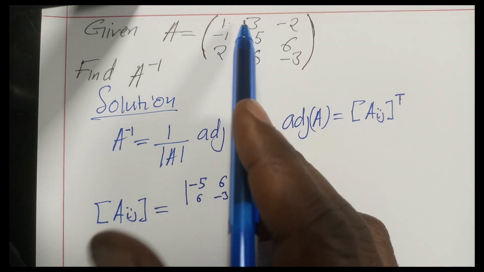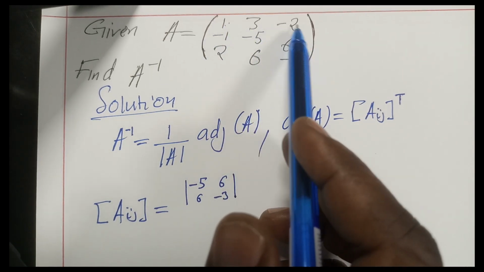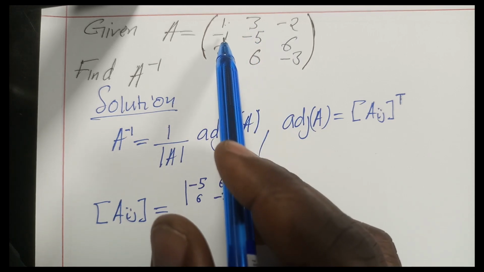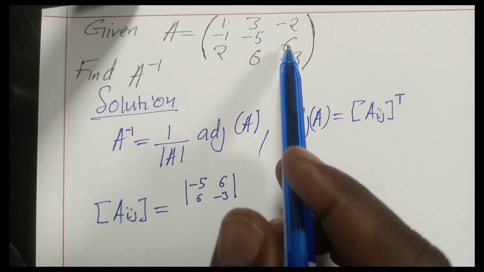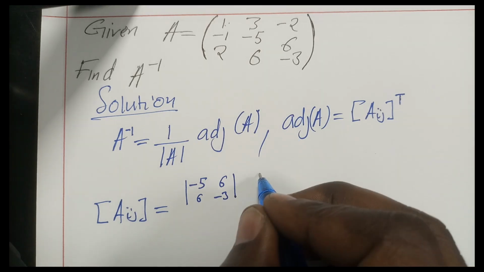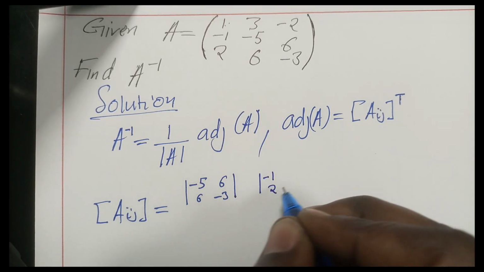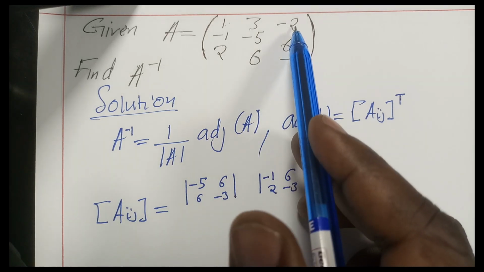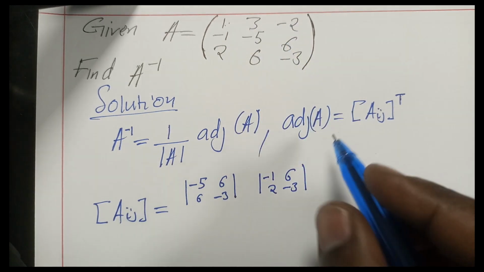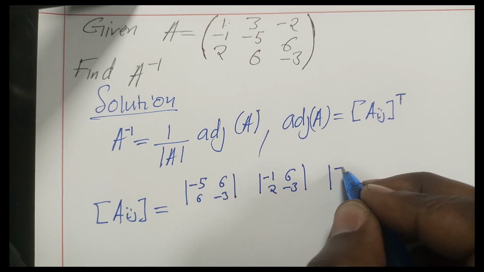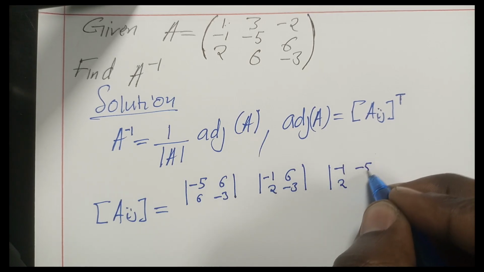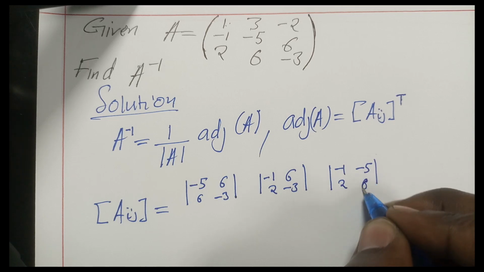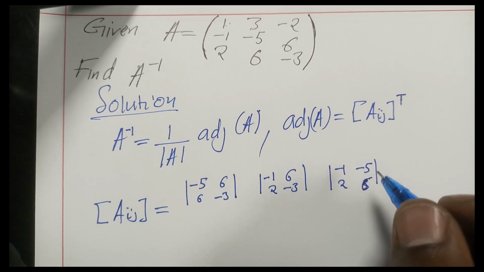For the second element, when you delete this row and that column, you remain with negative 1 and 2, and 6 and negative 3. Then for the last part here, delete this one and that, remain with minus 1, 2, minus 5 and 6. So you're done with the first row only.